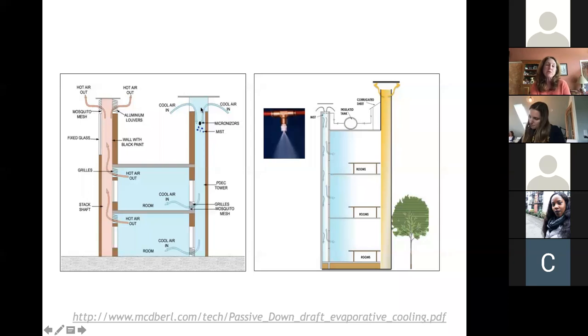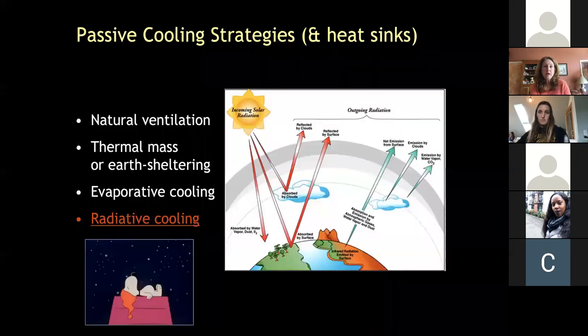So the evaporative cool towers, by using evaporation, it shows this mist at the very top, the cool air falls. But these thermal chimneys, which I'll show shortly, are a way of letting warm air rise. So you get this double effect where some of these towers are bringing air down and some of these towers are bringing air back up.